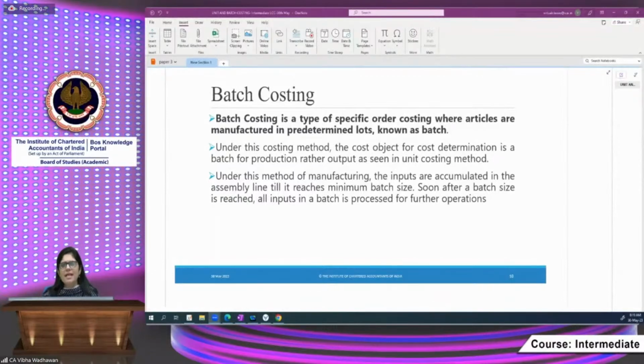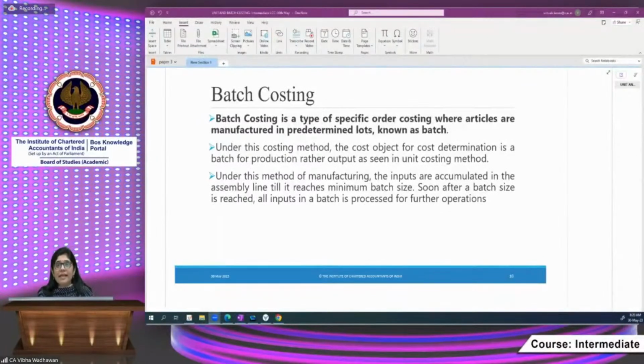The best example of batch costing is the pharmaceutical industry, medicines. If you buy a strip of medicine, for example, Crocin, you will observe that in the invoice, the chemist always mentions the batch number. That means this medicine was produced in that particular batch number.